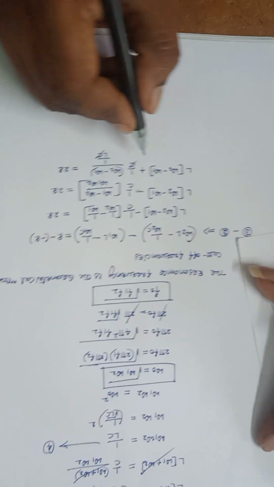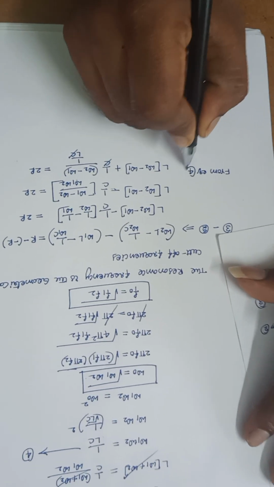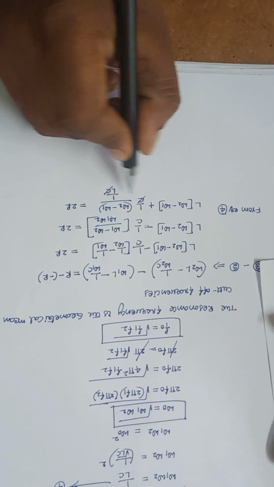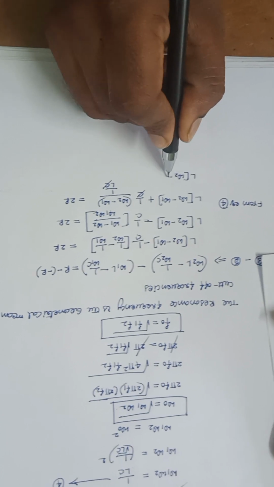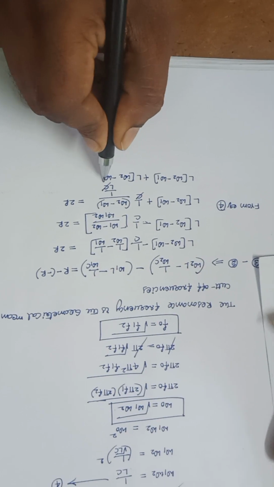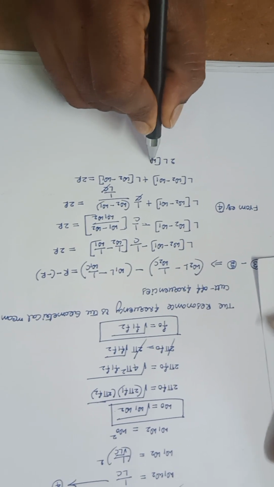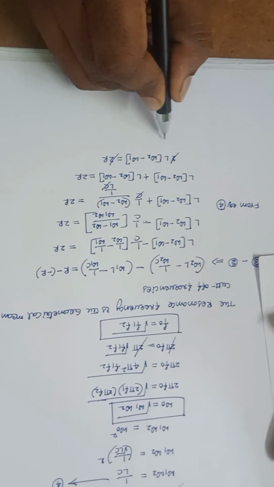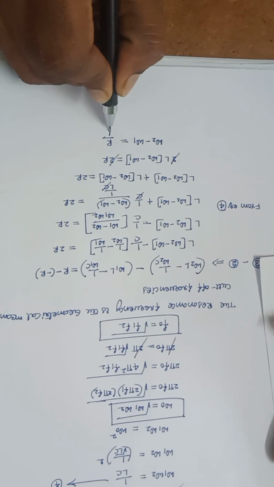So it is L into omega 2 minus omega 1 plus L into omega 2 minus omega 1, that is equal to 2R. So I can write it as 2 into L into omega 2 minus omega 1 equal to 2R. This 2 and this 2 will get cancelled. So omega 2 minus omega 1 is equal to R by L.